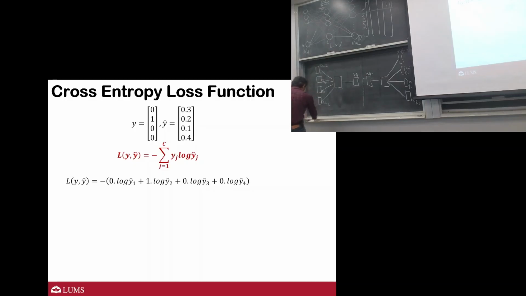The words were, for example, the quick brown fox jumps. So my target word is WT. This is WT minus 2, WT minus 1, WT plus 1, and WT plus 2.